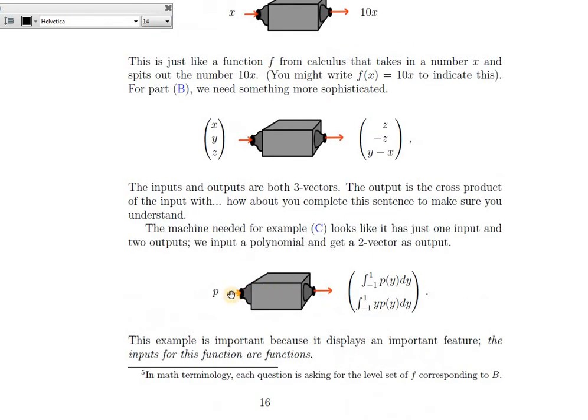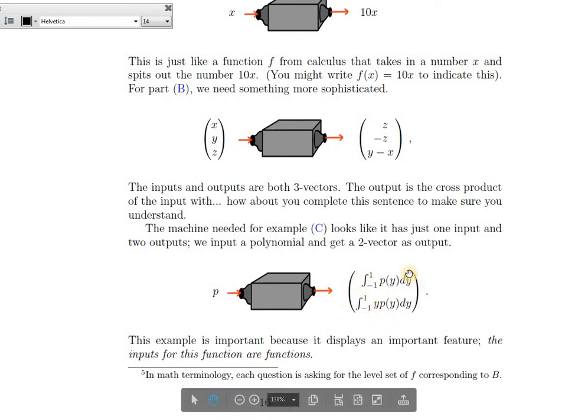In this case, you have an input that's a function, p, or a polynomial, maybe 5x plus 7, 5x squared plus 7x plus 3, I could input that polynomial, and I could output 2 different definite integrals. Now this is also a vector. This is actually a 2 vector.